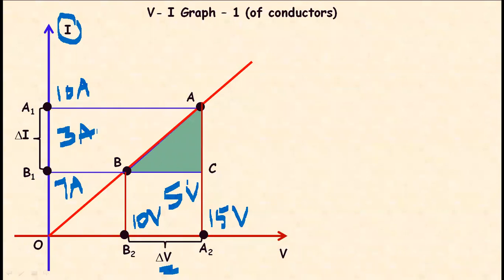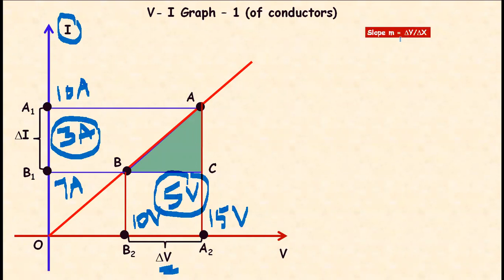So just remember the two values. Del I is 3 ampere and del V is 5 volt. Okay, and del I is equal to the change in y coordinate, del y, and del V equals the change in x coordinate, del x. Now let us find the slope.